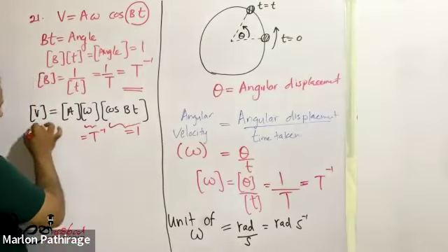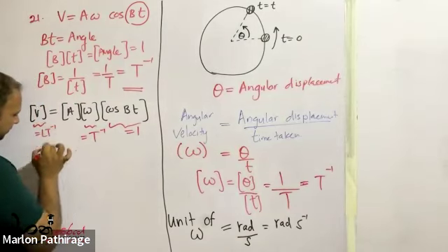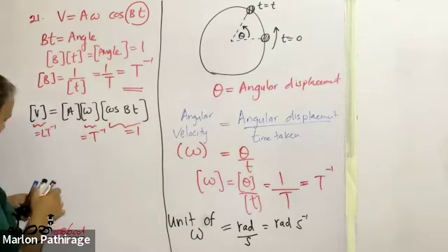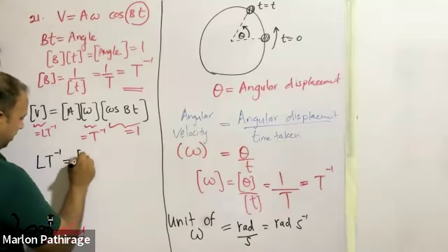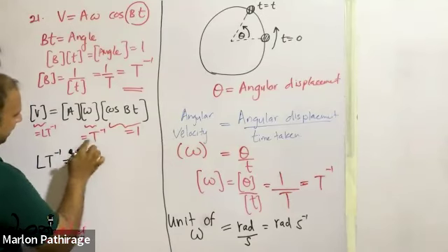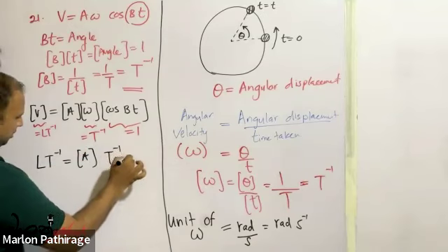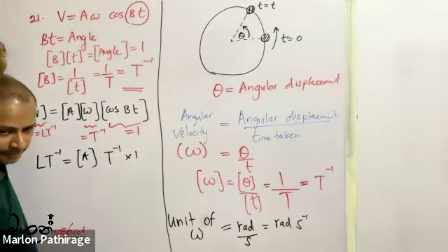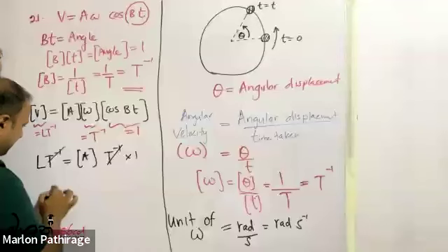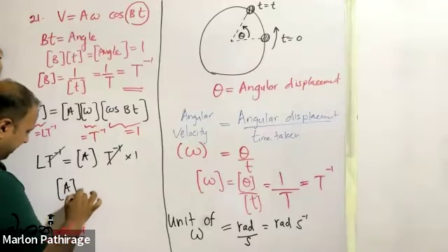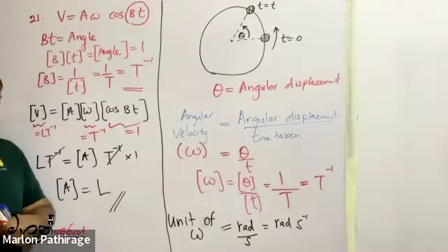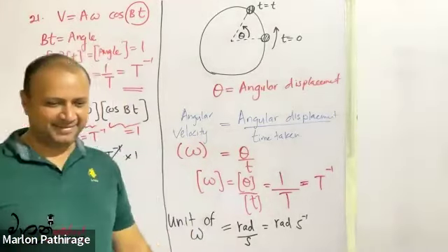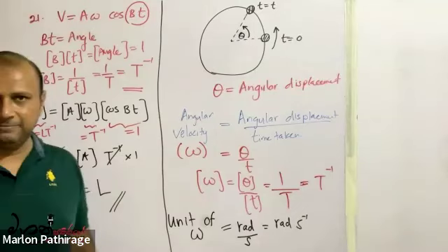Velocity is equal to L T minus 1. Therefore, again I can write it as L T minus 1 is equal to dimension of A into T minus 1 into 1. T minus 1 to T minus 1 will be cancelled out. Therefore, dimension of A is equal to... Is that clear? Yes, sir. Yeah. Write down this thing.